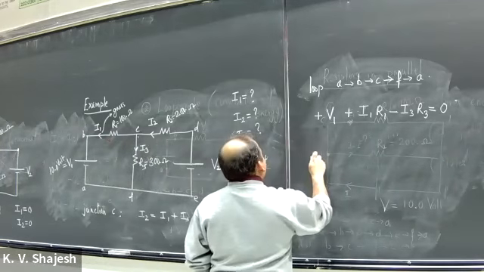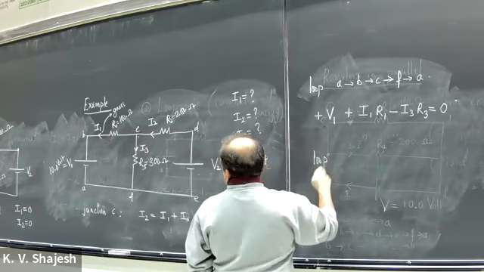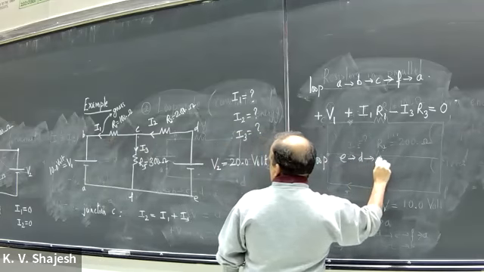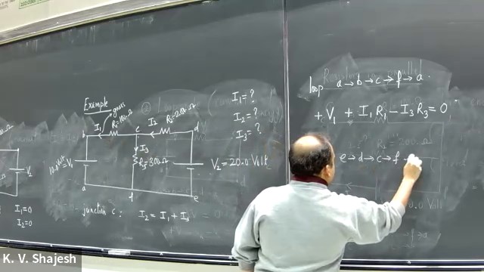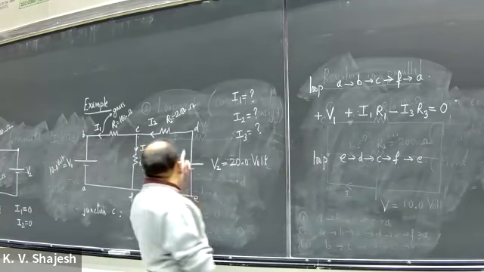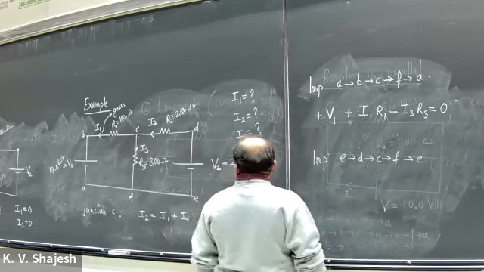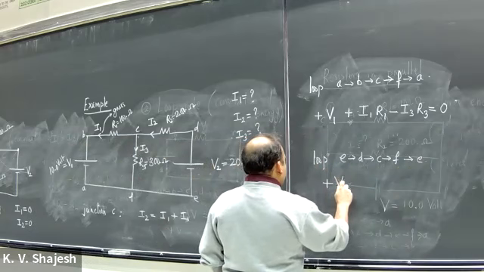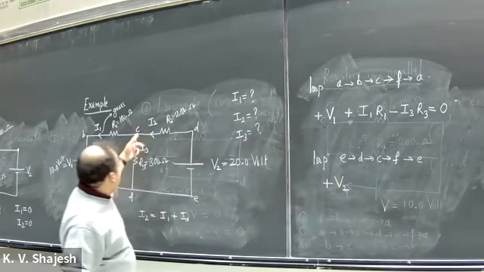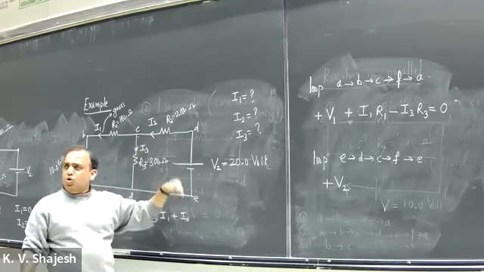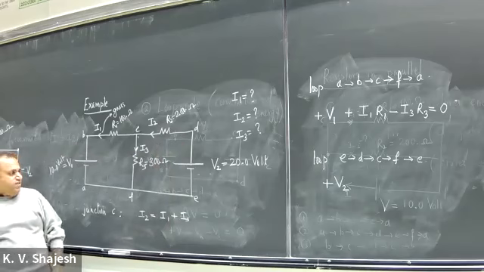Let's do the other loop. Let's say start from E, go to D, go to C, F, and then come back to E. That's another possible loop. This time you're going across V2, you're climbing a potential, so that's plus V2. Again, remember, there could be situations when you're going this way, from higher potential to lower potential, and then you would say it's a minus V2.